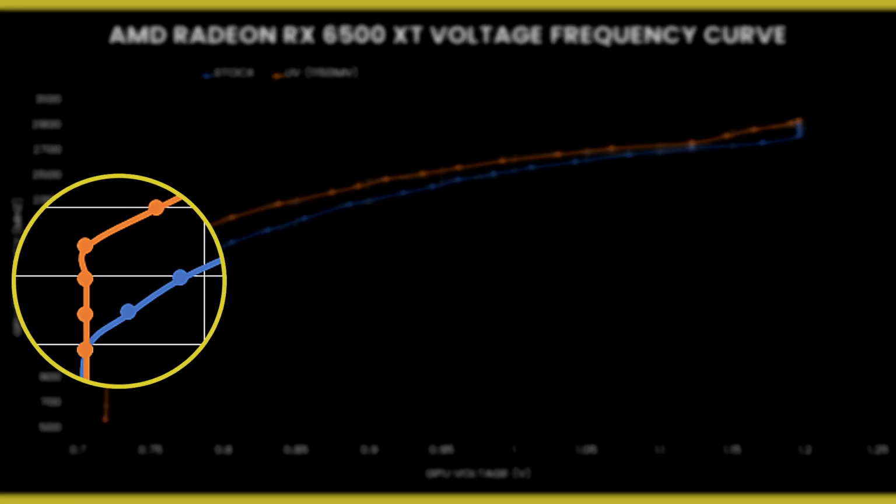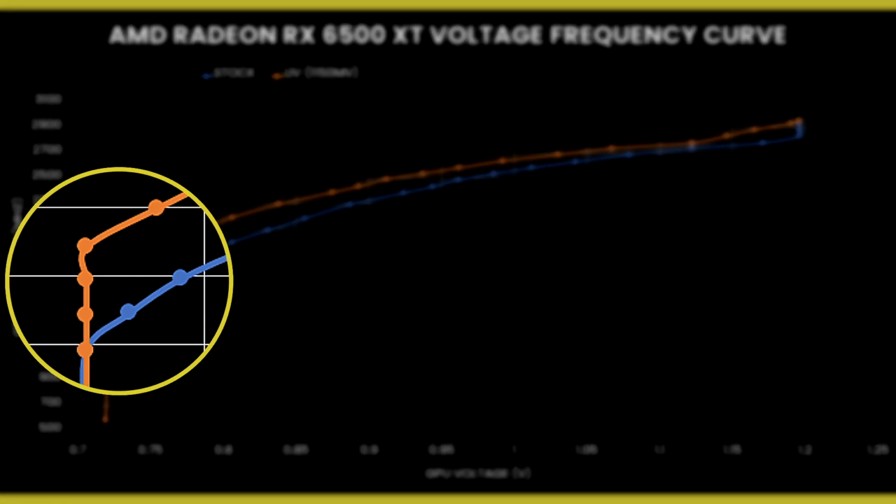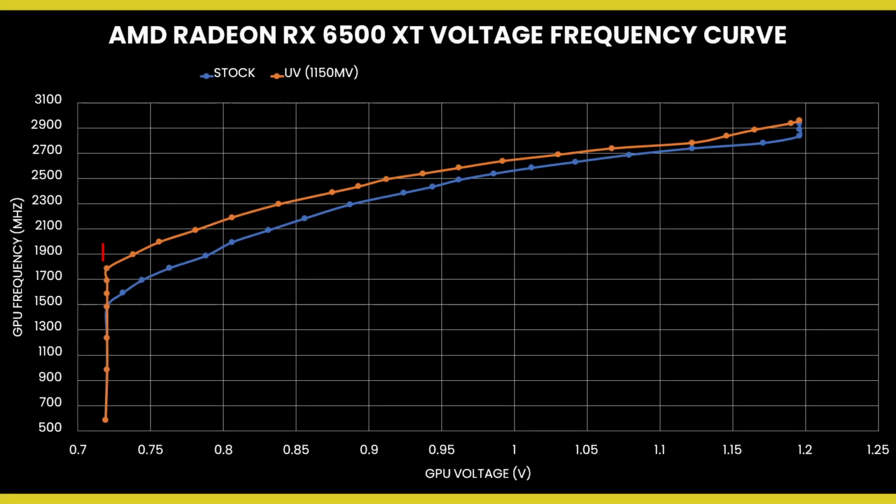Second, we can see that the voltage for frequencies between 1500 and 1800 MHz is reduced by less than 50 mV because the lower voltage limit of 720 mV is enforced. Third, we can see that the voltage for frequencies between 1800 MHz and 2850 MHz is, as expected, negatively offset by 50 mV.